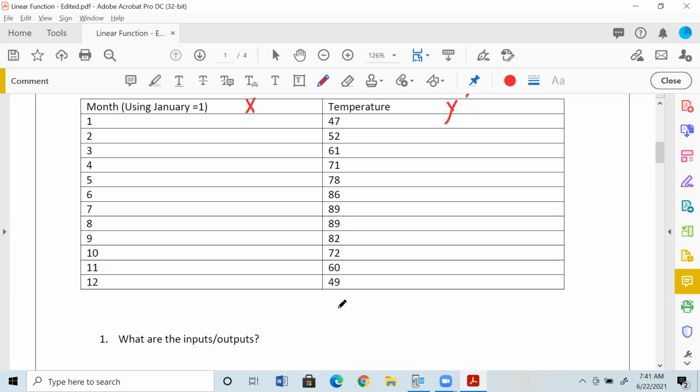So when we talk about the words inputs and outputs, inputs are any values that are X values. In our case, our inputs, or our X values, are months. These would be the numbers 1, 2, 3, and so forth.